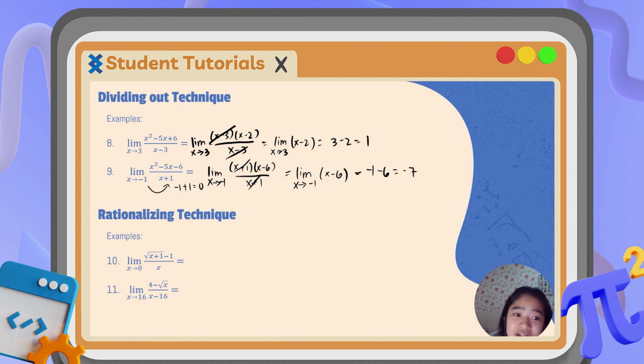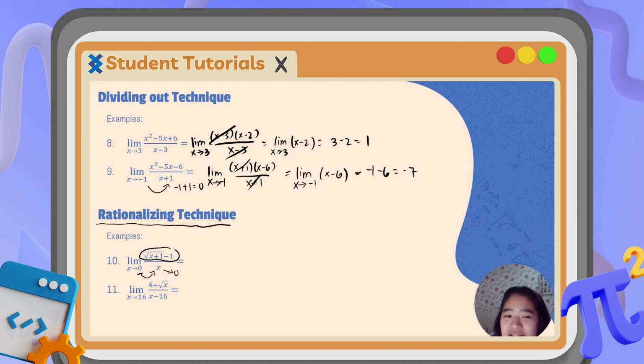And then here we have another technique we can use to find limits. So it's the rationalizing technique. If you see limits that involve these type of questions, and when you substitute the value here into the function, you'll have a numerator of 0, that's most likely when you'll be using the rationalizing technique.